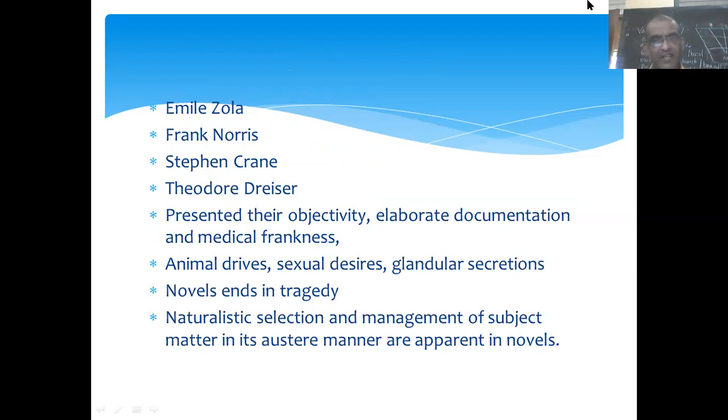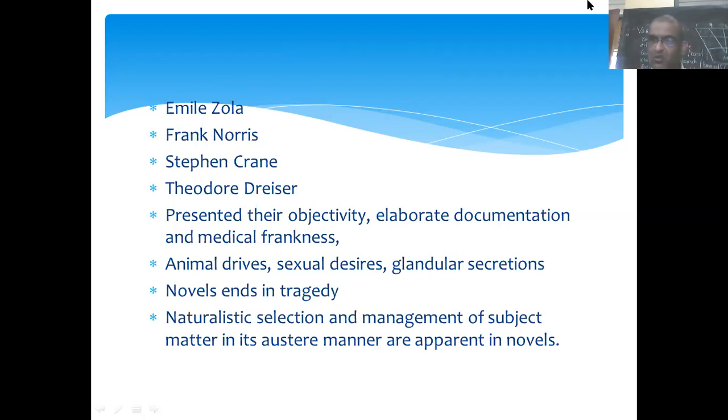There were some remarkable philosophers and especially thought-provoking novelists, and these were Emile Zola, whose Nana is a very famous book, Frank Norris, Stephen Crane, and Theodore Dreiser. They all presented objectivity and elaborate documentation.